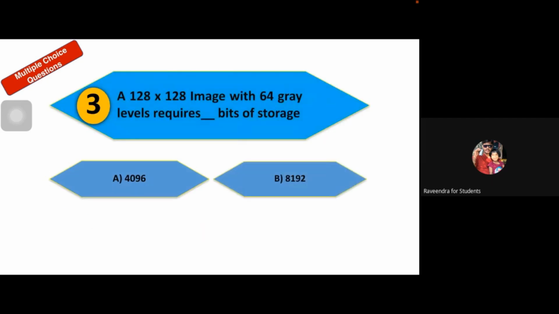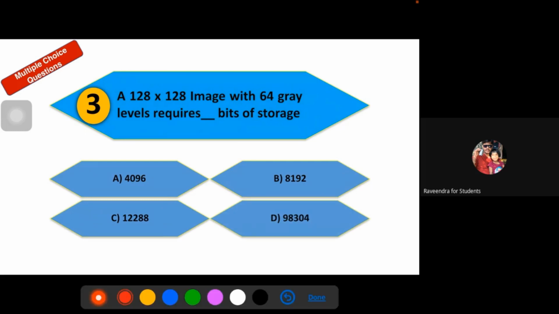Third one, a 128 by 128 image with 64 gray levels requires dash bits of storage. Here we are having 64 gray levels. That means we are having the formula 2 power n, given here as 64. Then what is n? It is 6.